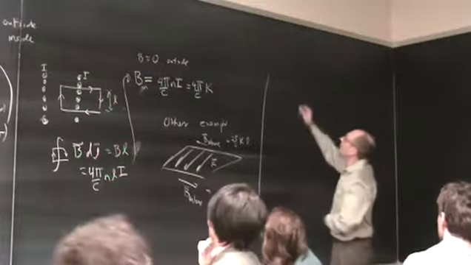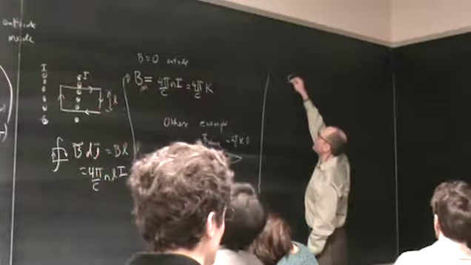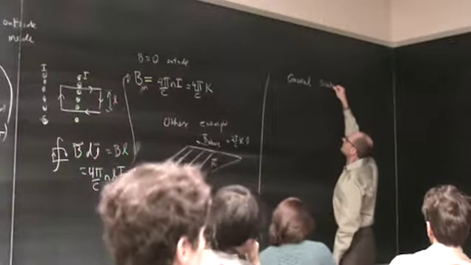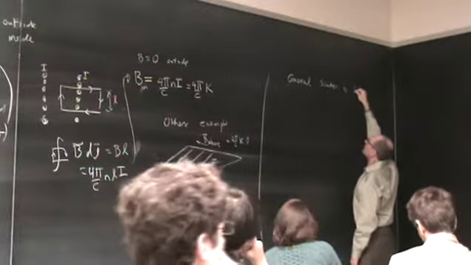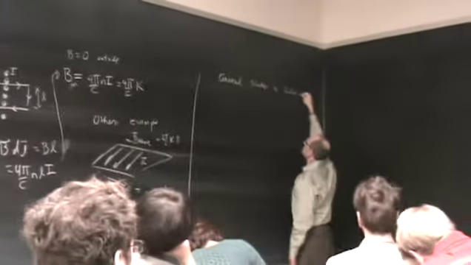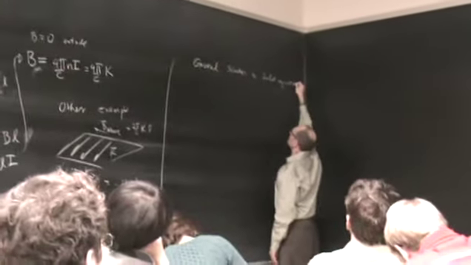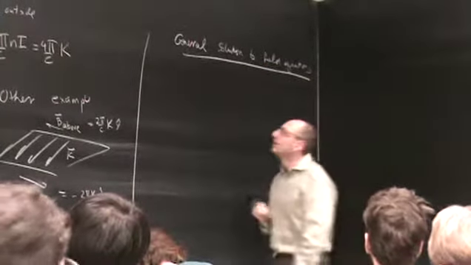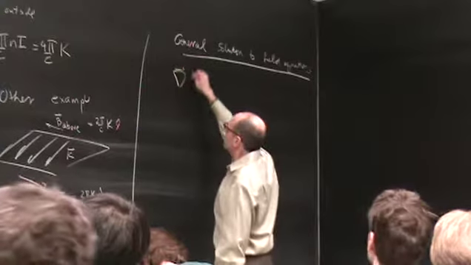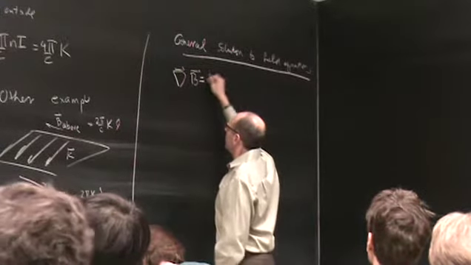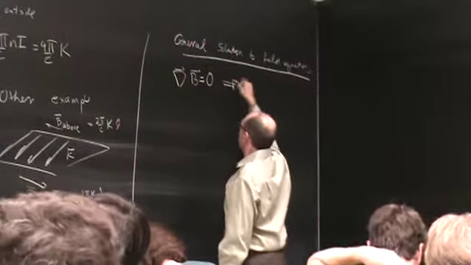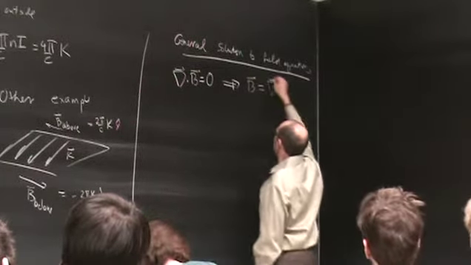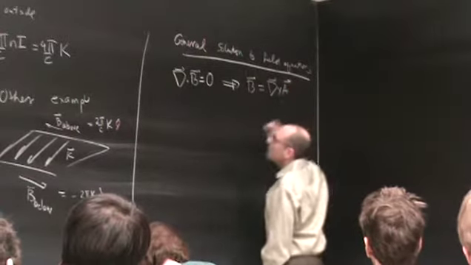So what we want to now look at, we're going to think more about the more general solution field equation. Again, our field equations: del dot B is 0, which implies that B is equal to the curl of a vector potential.